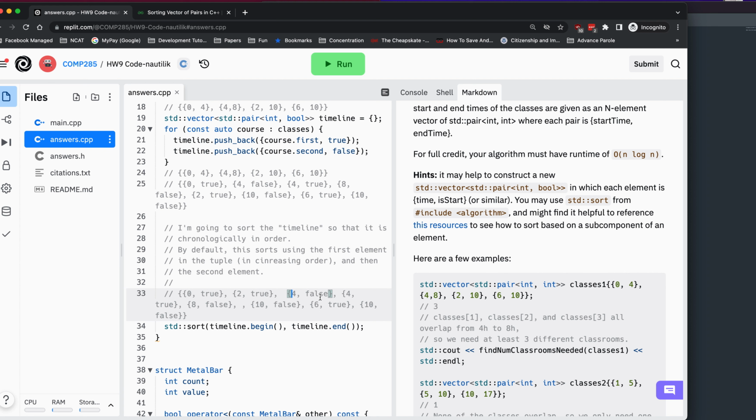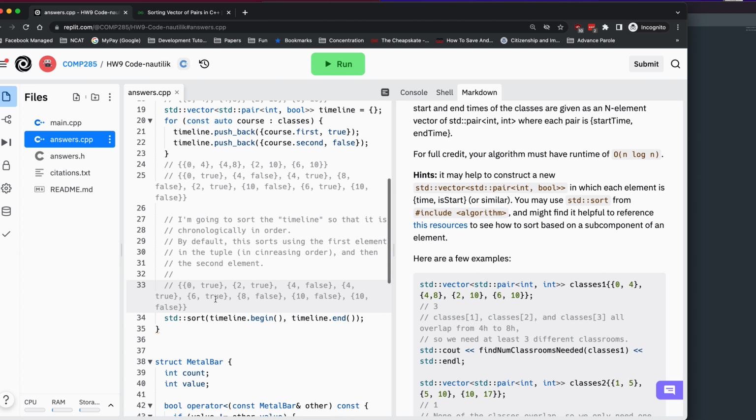So it'll have the false come first, because false is 0 in C++, so it comes before true. Okay, so both of the 4s will come next. Then we'll have the 6 come here, then the 8, then both of the 10s. They're both false, actually exactly the same, so it doesn't matter what order they come in.